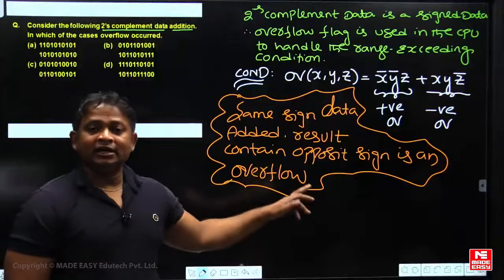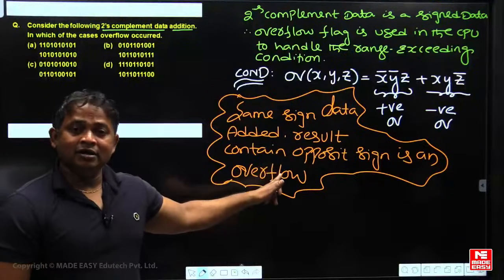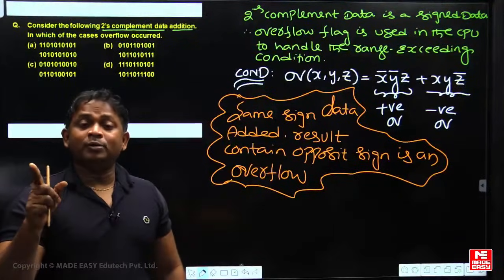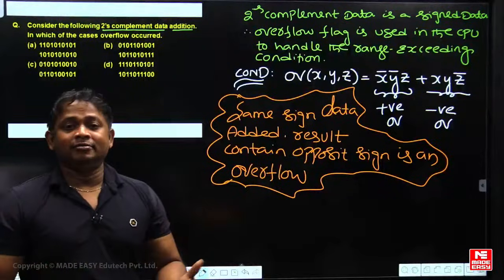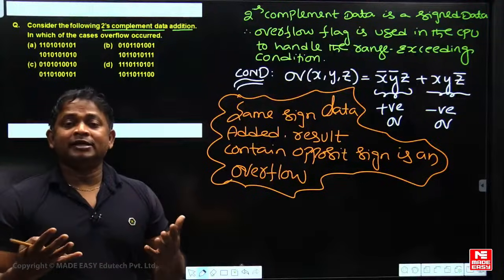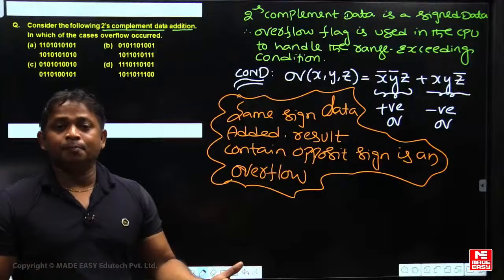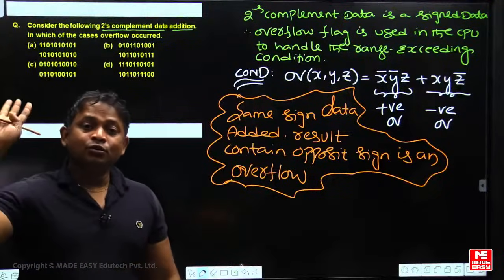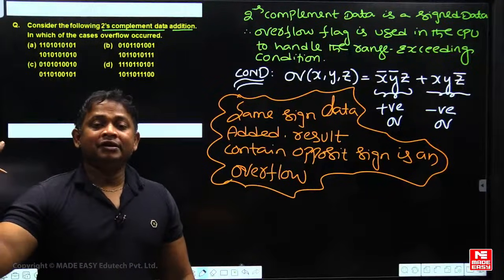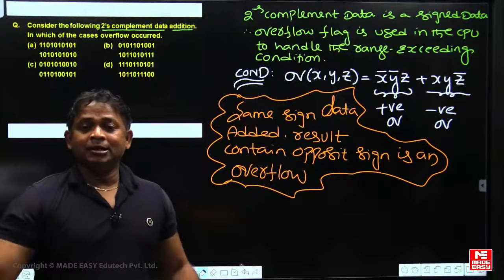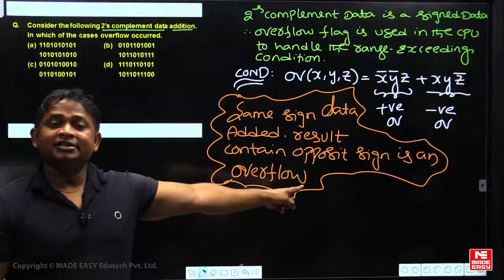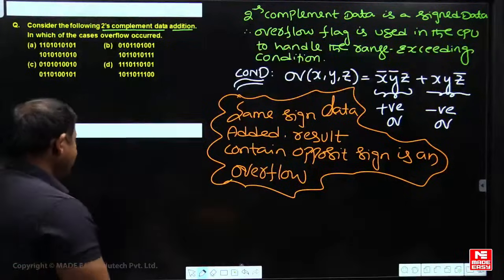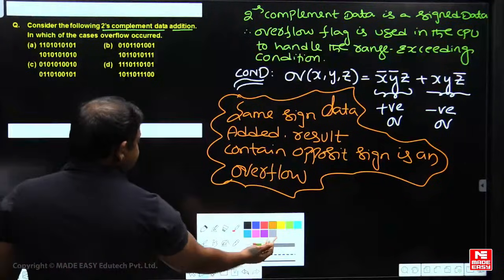For sign magnitude and 1's complement formats, such a flag is not in the computer, because those two formats are practically not used in the computer. In those cases we verify manually, but here manual verification is not needed, directly we compare with a condition. Okay, so now verify this.